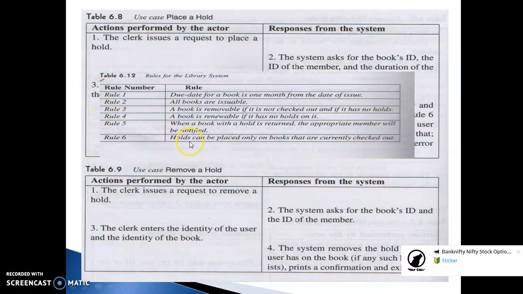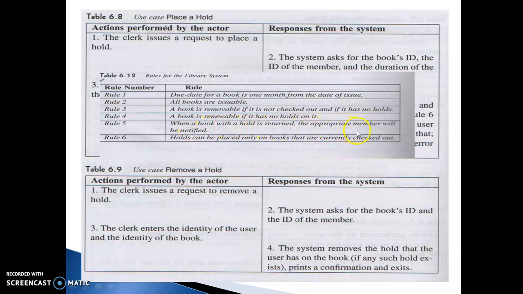What is that rule 5? When a book with a hold is returned, the appropriate member will be notified. When he returns the book, he will be notified with the appropriate message.